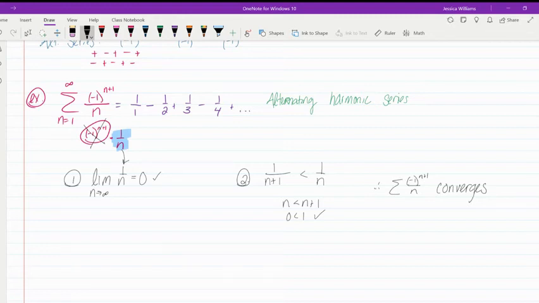I wonder if this was surprising to you, because we know the harmonic series diverges. But if we put an alternator on it, now it converges. That's special.